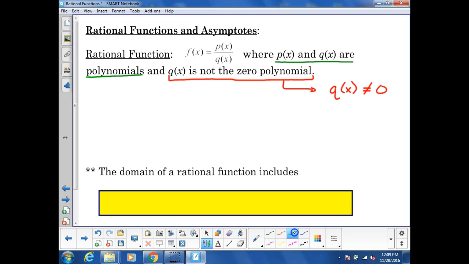Give me an example of one if you can't think of how to describe it. Don't everybody speak at once. Give me an example of a polynomial.